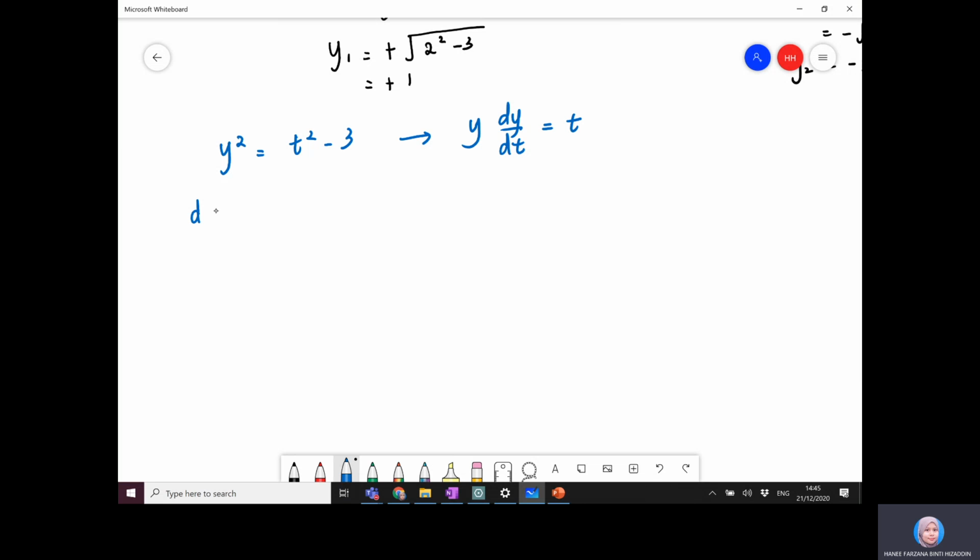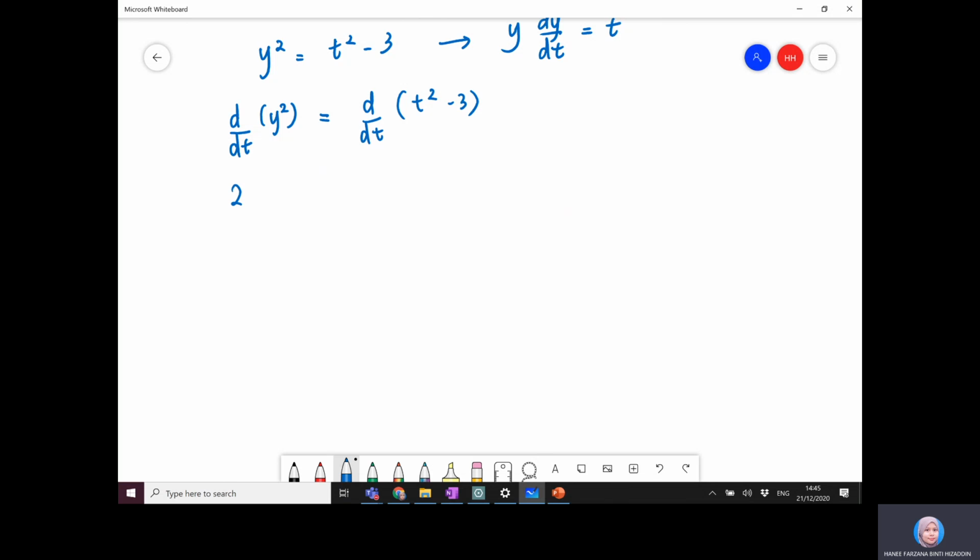So then we need to differentiate both sides with respect to t. So d/dt of y squared equals d/dt of t squared minus 3.